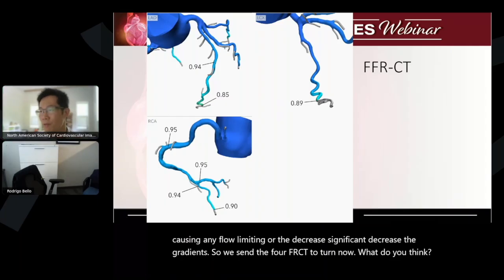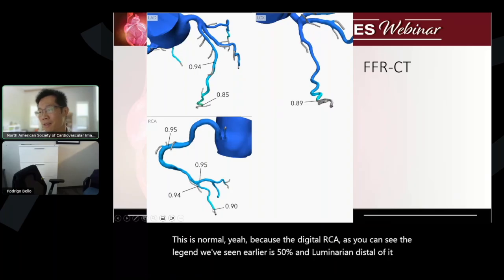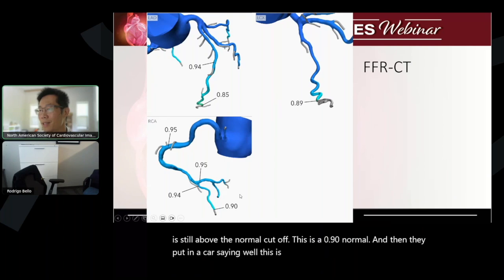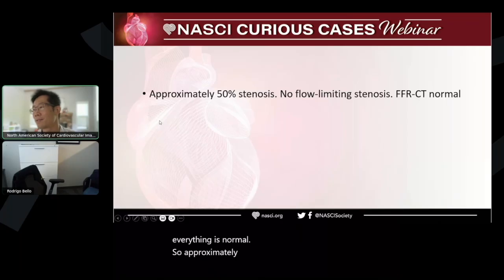This is normal, because in the distal RCA, as you can see, the lesion we saw earlier is 50%. The FFRCT distal to the luminal narrowing is still above the normal cutoff. This is a 0.90, normal. And then they put in a color saying, well, this is normal. Green light, blue light, everything is normal. So approximately 50% stenosis, no flow-limiting stenosis, FFRCT normal.